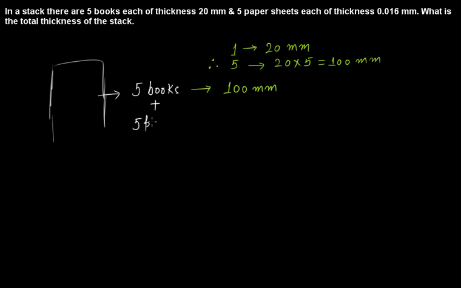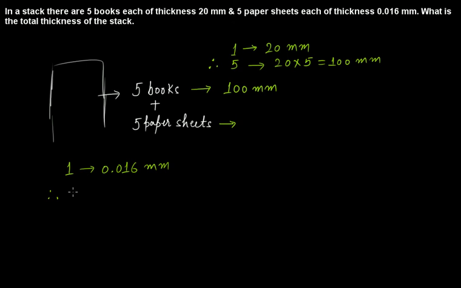Okay, now plus you have 5 paper sheets. One paper sheet has a thickness of 0.016 millimeter.